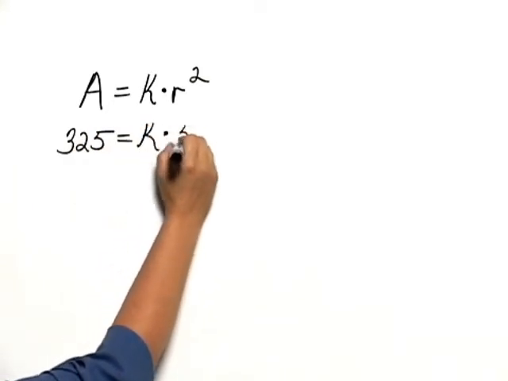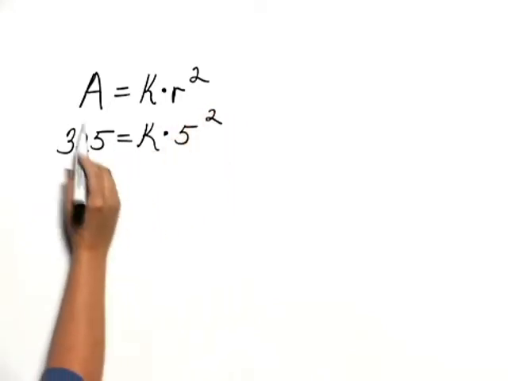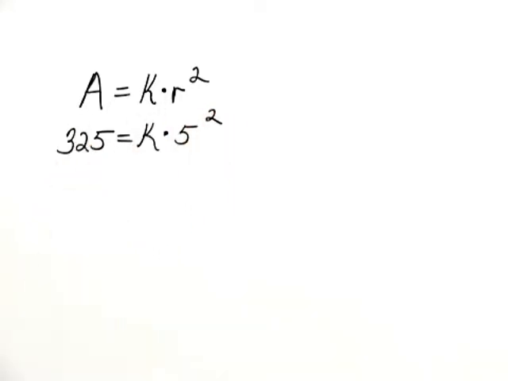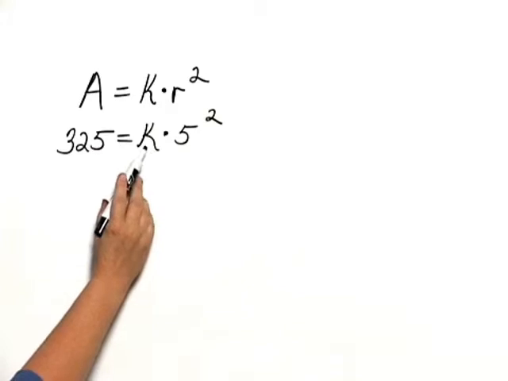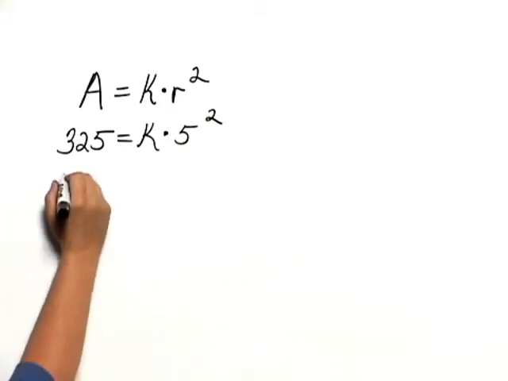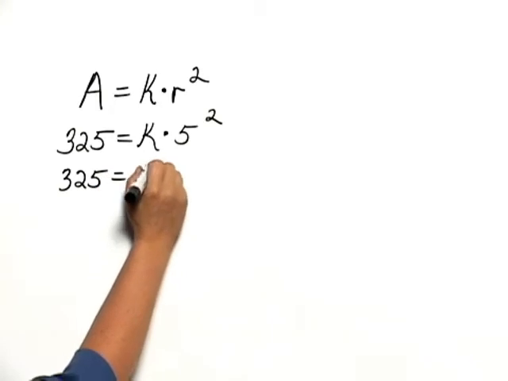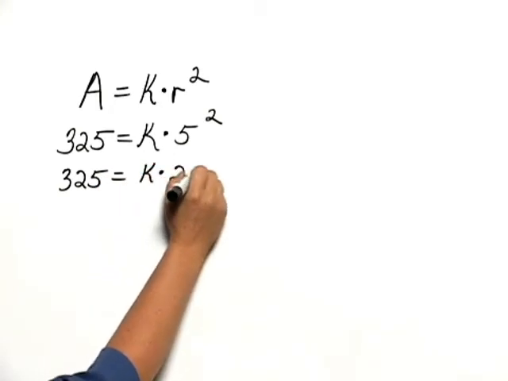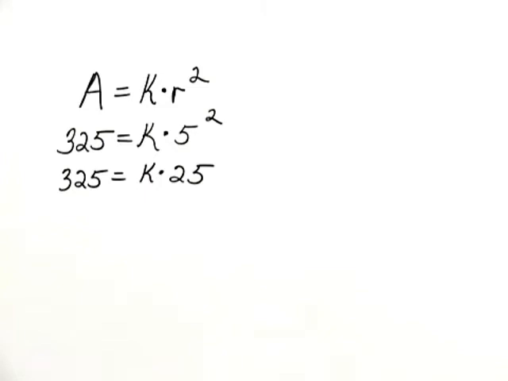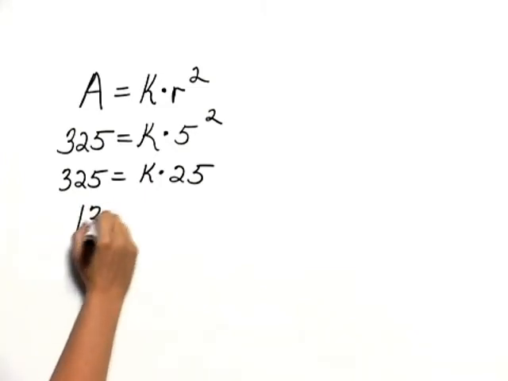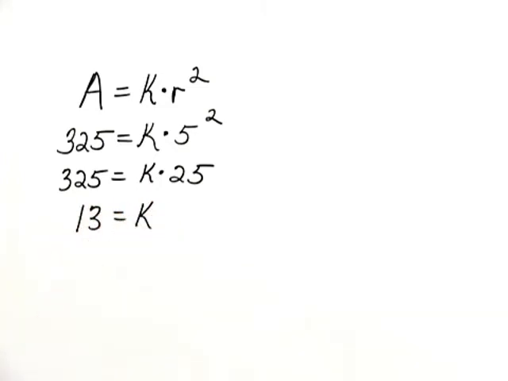So we can substitute 325 for A and 5 for R, and now we can find what that constant is, that K. This would be 325 equals K times 25. Dividing both sides by 25, we have that 13 equals K.